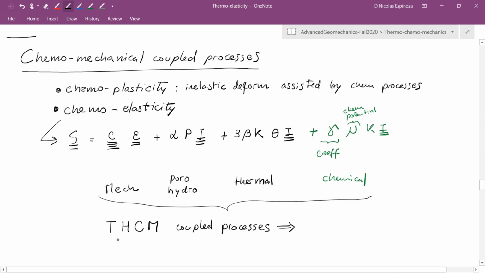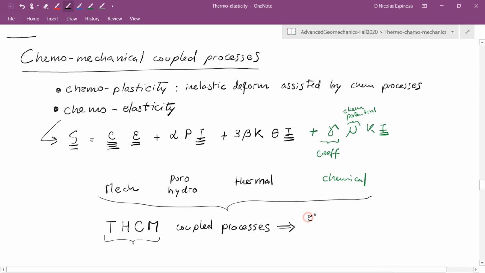So in the case of thermal stress, we're combining the thermal part and the mechanical part, and with a combination of those two, I see something that I wouldn't have if I just considered mechanics or just thermal. Sometimes you can combine two or more of these physical processes, and sometimes the four of them, and get to phenomena that you wouldn't see otherwise if you had the actions just by themselves.